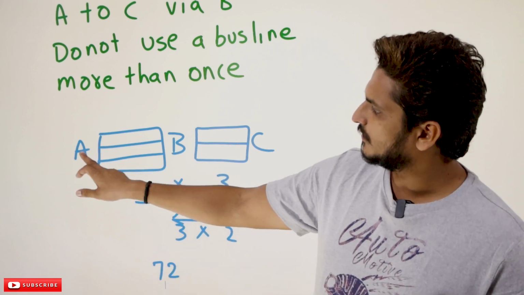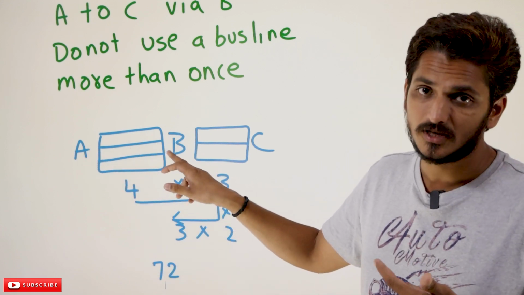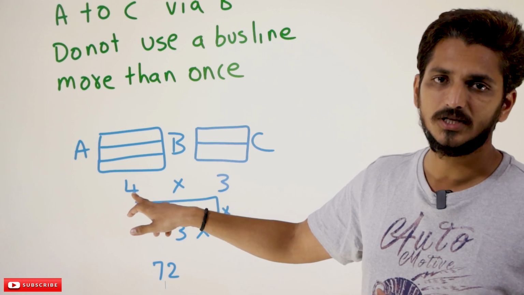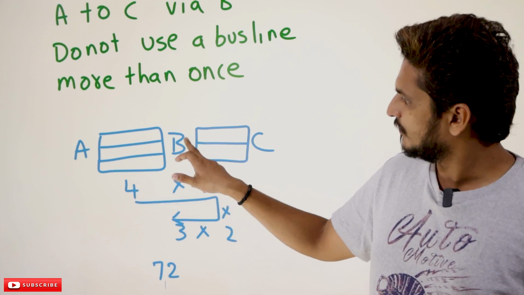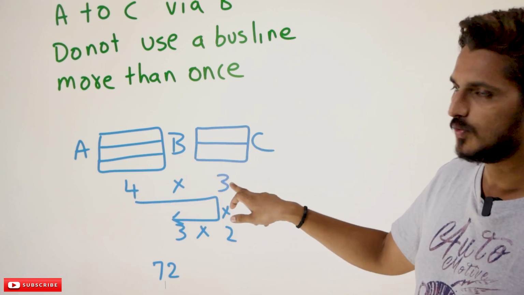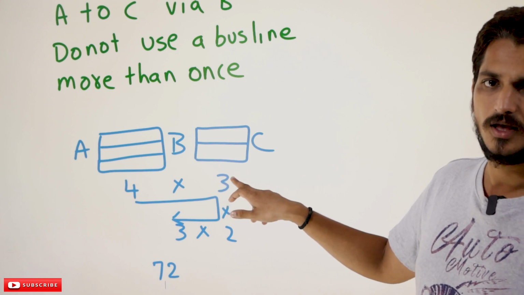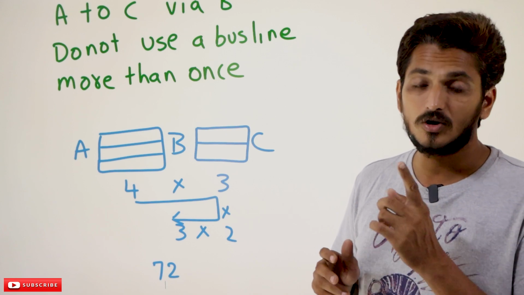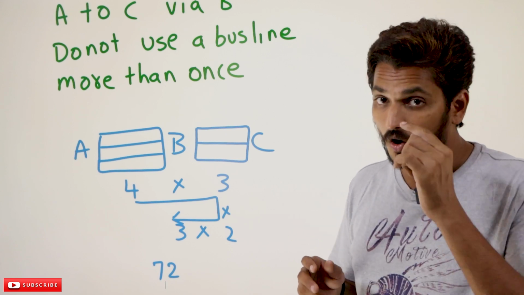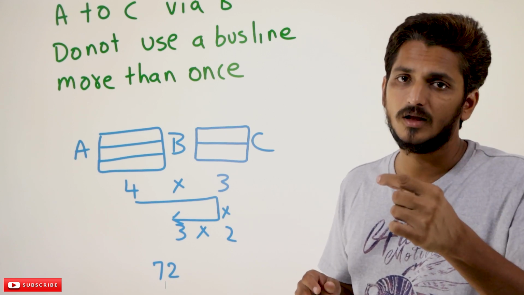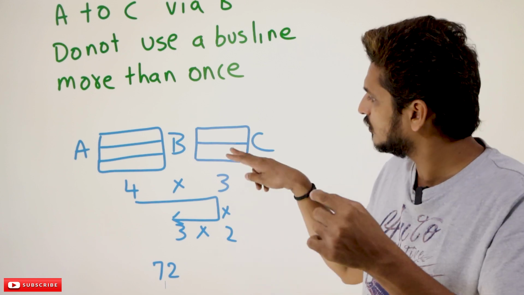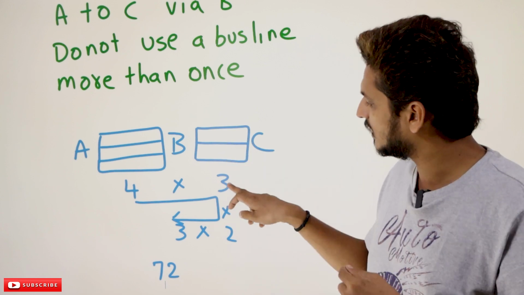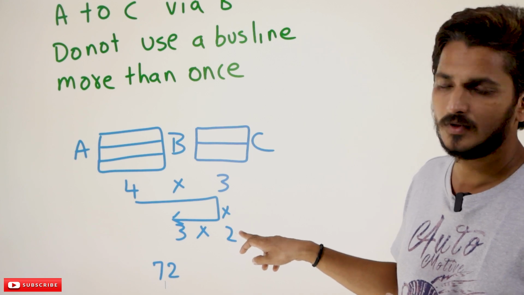So in order to move from A to B, how many possibilities are there? 4 possibilities are there. From B to C, you are having 3 possibilities. If you want to move from C to B, in order to come from B to C, you already used one. So how many possibilities are there? 2 possibilities are there. So that's why multiplied by 2.